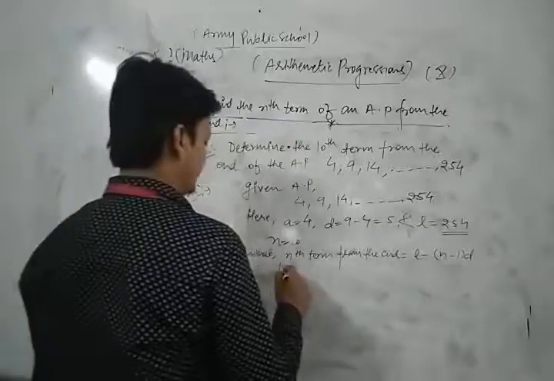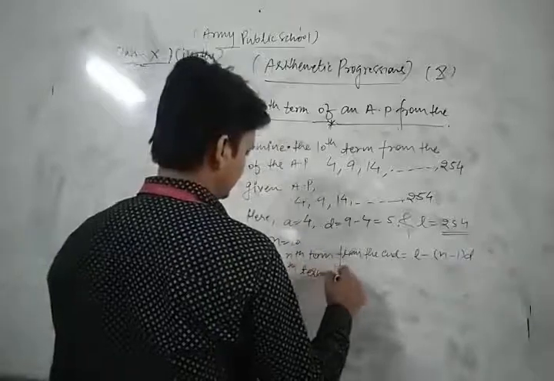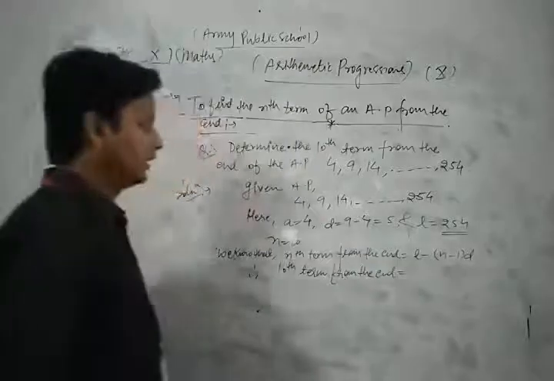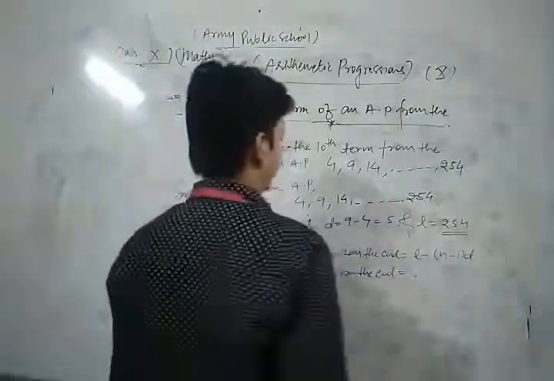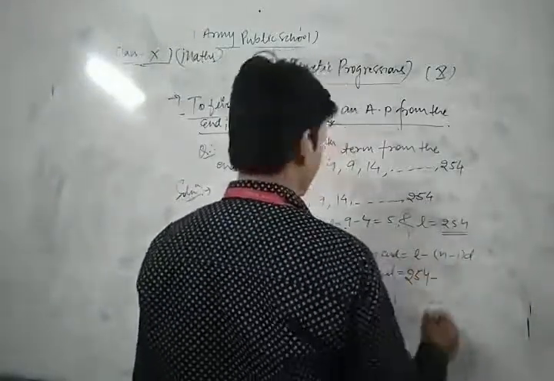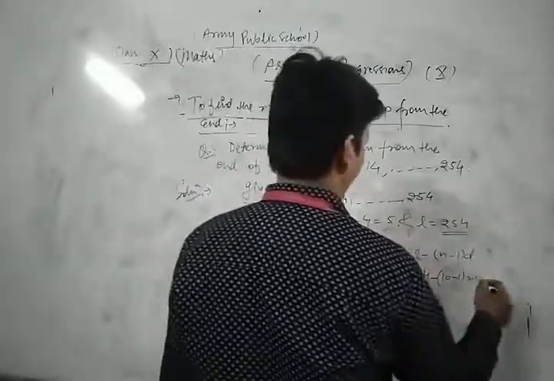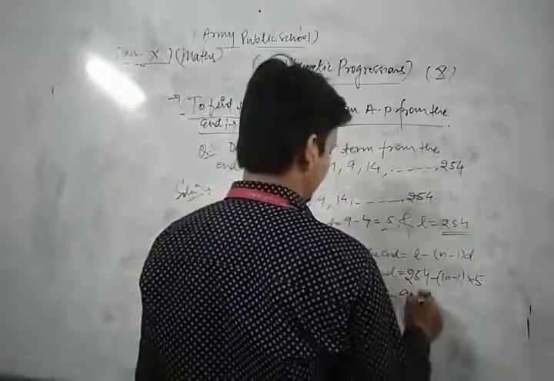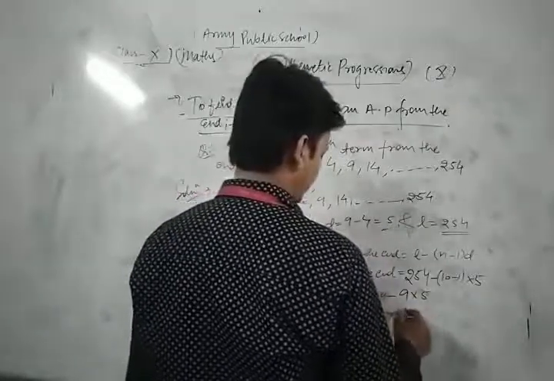Therefore, the 10th term from the end is 254, the value of L, minus n minus 1, that is 9, into d, that is 5. Now we simplify: 254 minus 9 into 5, that is 254 minus 45.